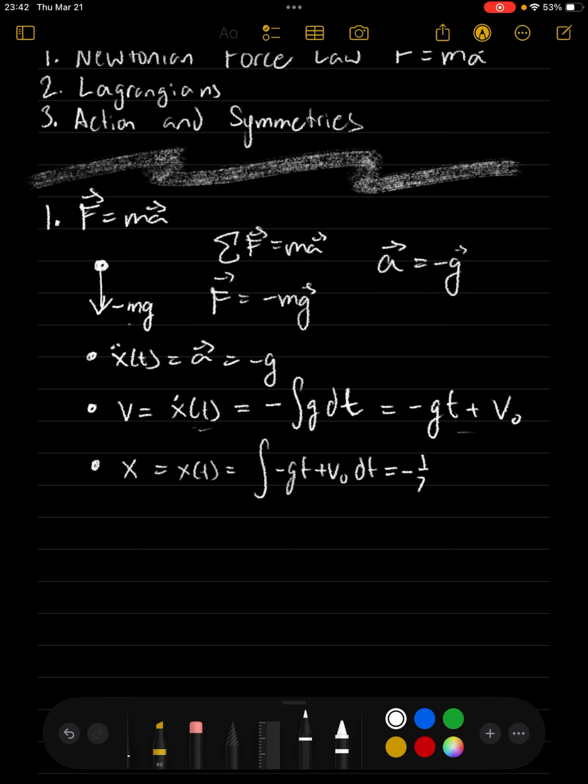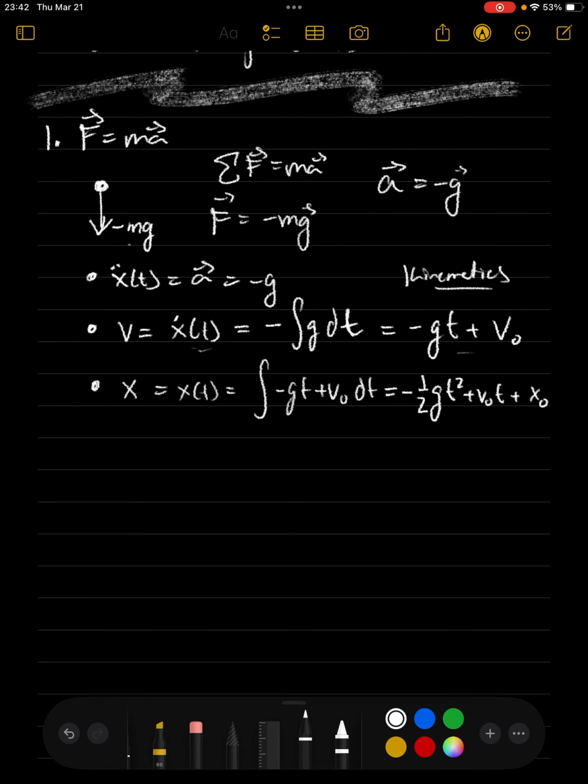Once you do that integral, it's minus 1/2 gt squared plus v naught t plus x naught, because we get that constant at the end. We can see that this is just the kinematic equations as well, which is kind of cool. But this might be a simple example.